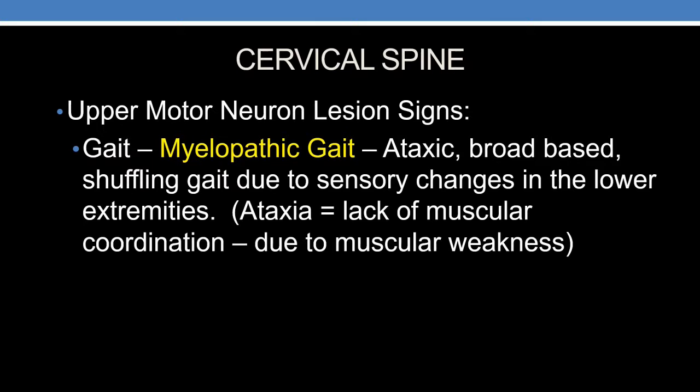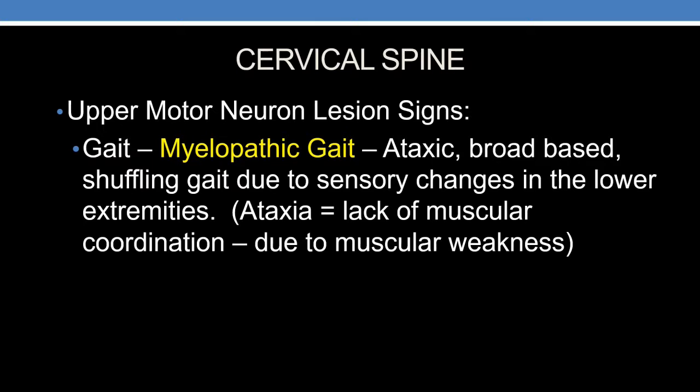Now the opposite of a broad-based gait is a narrow-based gait, and we have a narrow-based gait that we use clinically in our exam. We call it the tandem gait or the heel-to-toe walk. That involves a narrow base of support. You won't see that with myelopathy patients. They will broaden their base of support so that they don't fall over.